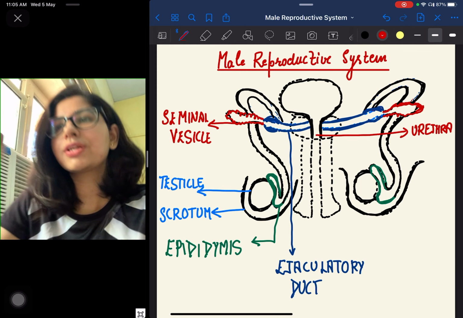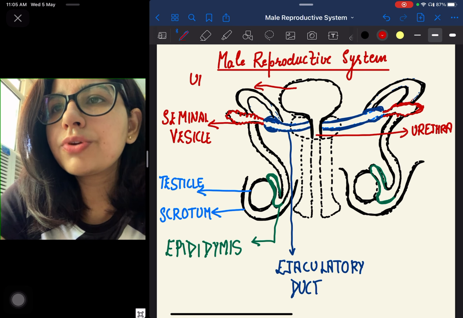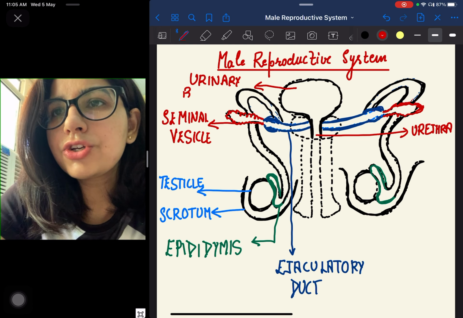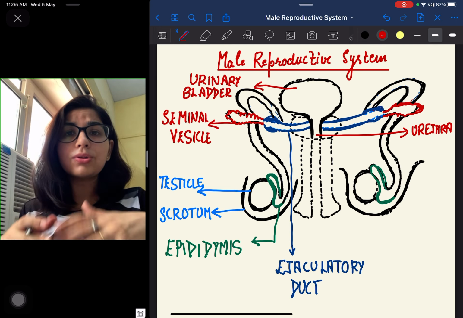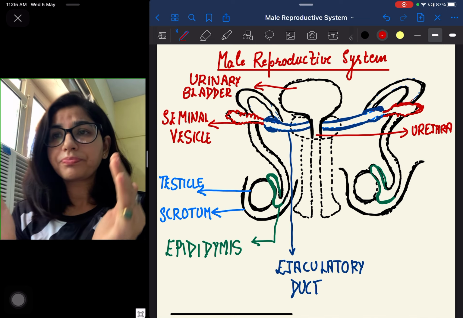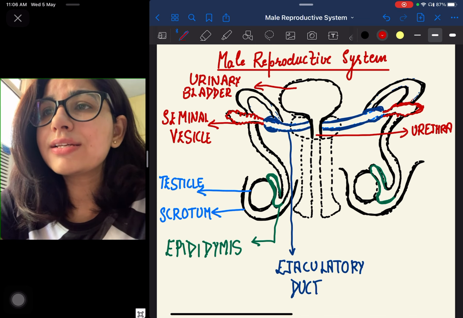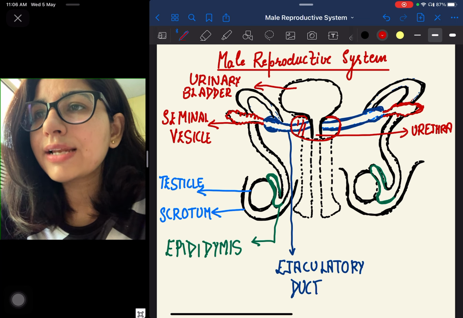Right? This is urethra. And इसको हम mark कर देंगे urinary bladder. This is urinary bladder. Got it? Now urinary bladder के नीचे there is one another gland, second gland हमारा, that is prostate gland.